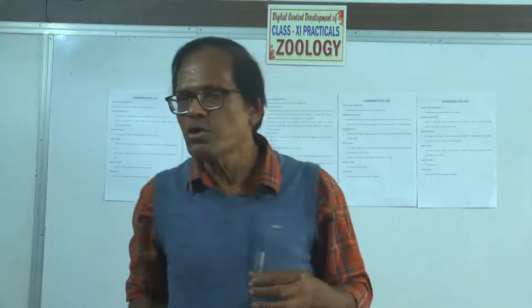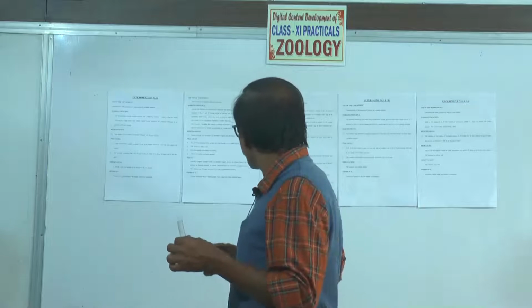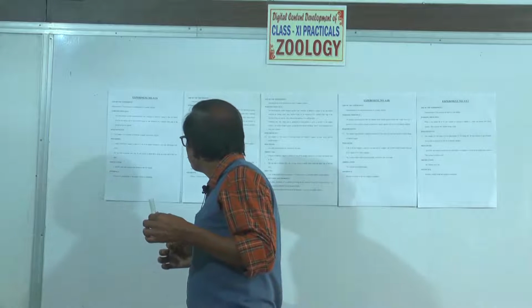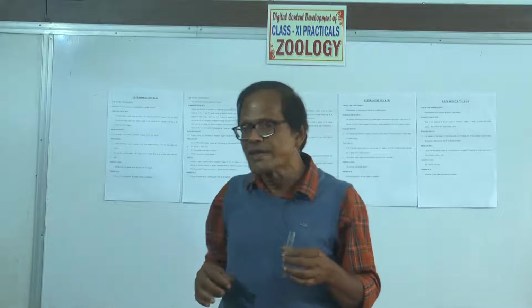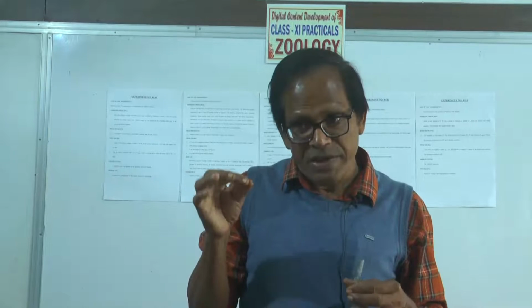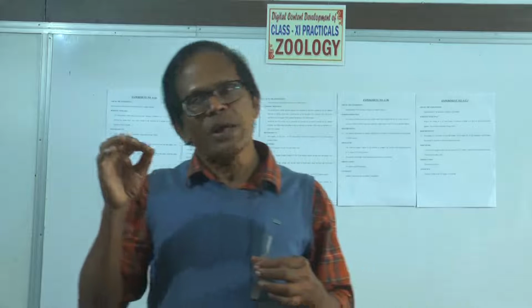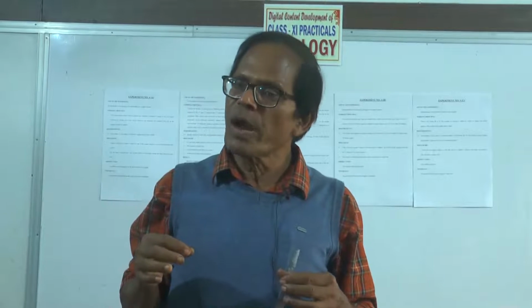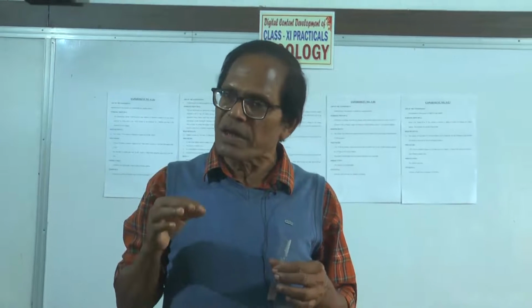To the sample solution, you add 2 drops of the Molisch reagent. Molisch reagent, as I have already mentioned, is commercially available in the market. You need not worry about its preparation.